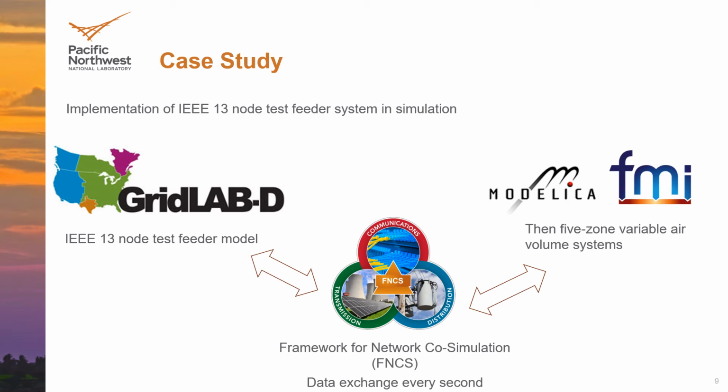So we convert the Modelica model we create into a Functional Mock-up Unit, and then we create a wrapper of this FMU with a Python library for running Functional Mock-up Units. With this wrapper, we treat the wrapper as a federate of HELICS, so that we can realize the runtime connection between GridLAB-D and Modelica.